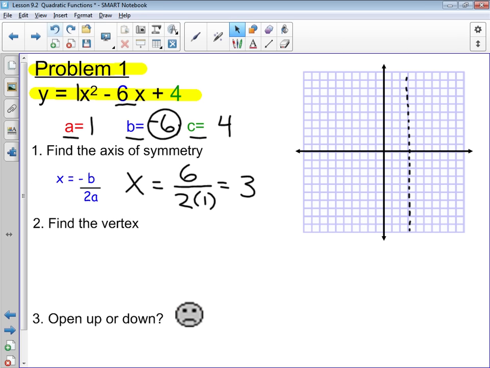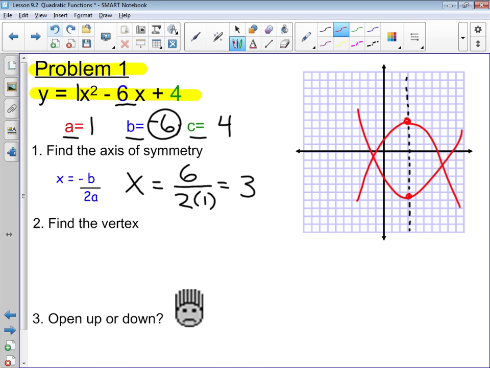Alright, step 2 is to find the vertex. Remember, the vertex is the point either at the top of a parabola or at the bottom of a parabola. And the vertex is always given as a set of coordinates that is an x and a y.